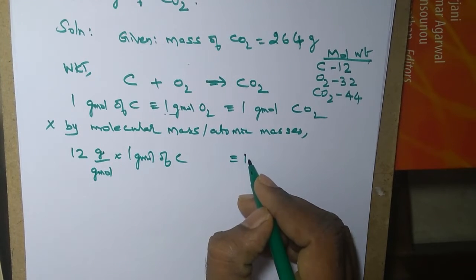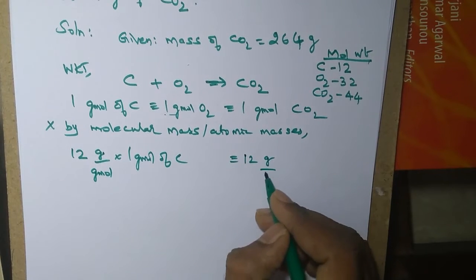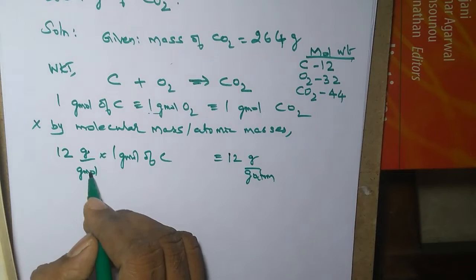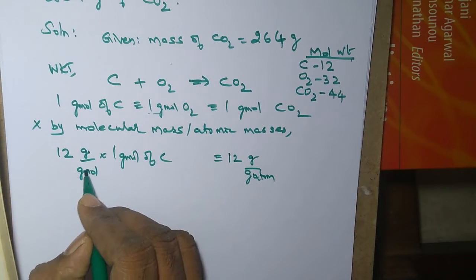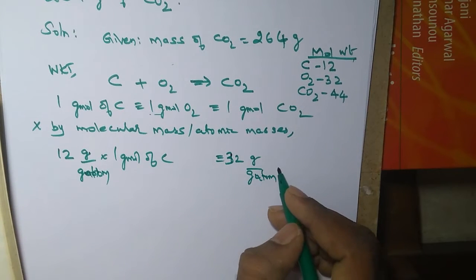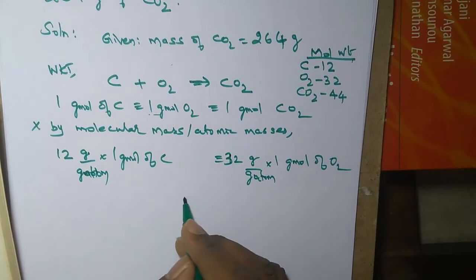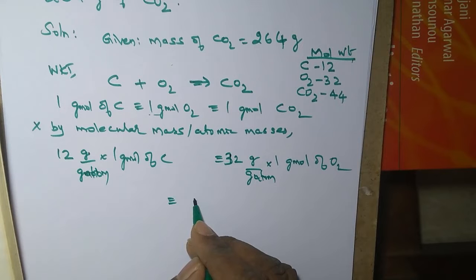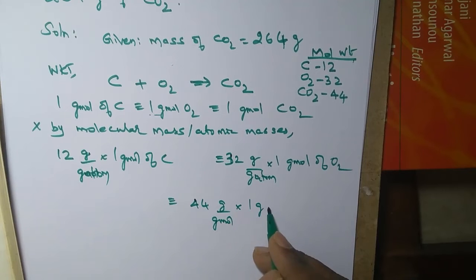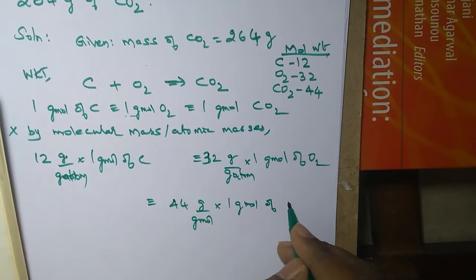Then 32 gram per gram mole of oxygen, into 1 gram mole of oxygen, will form 44 gram per gram mole multiplied by 1 gram mole of CO2.